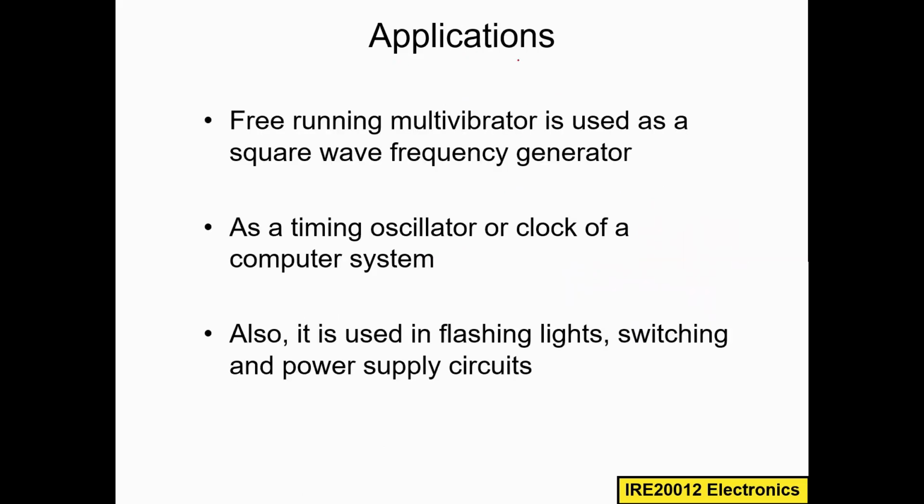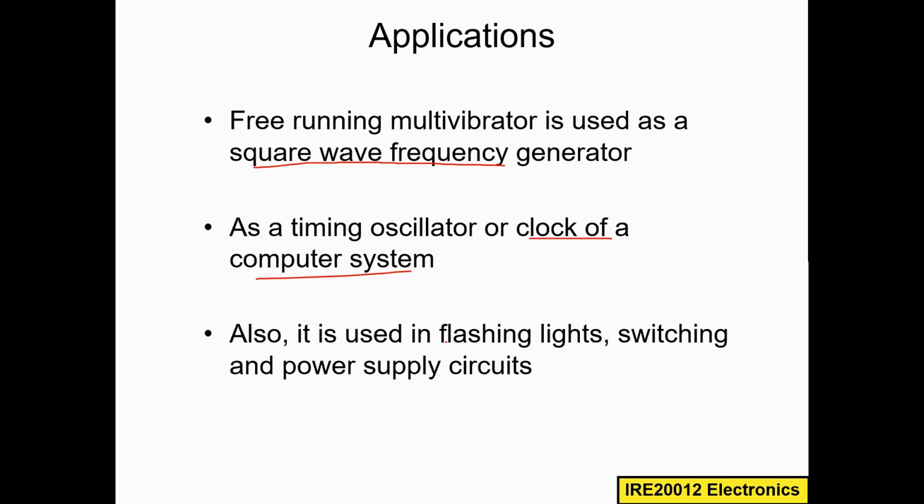These are the applications of the astable multivibrator. We can use this as a free running multivibrator to generate square wave frequency, and also as a timing oscillator or clock of a computer system. We can also use it to generate clock signals. It can also be used for flashing lights.